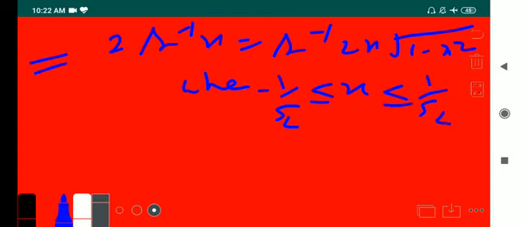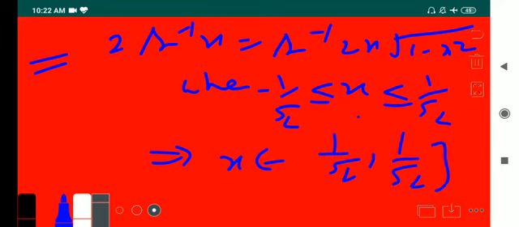This is a question: 2 sin inverse x equal to sin inverse of 2x under root 1 minus x square when x belongs to the closed interval minus 1 by root 2 to plus 1 by root 2.